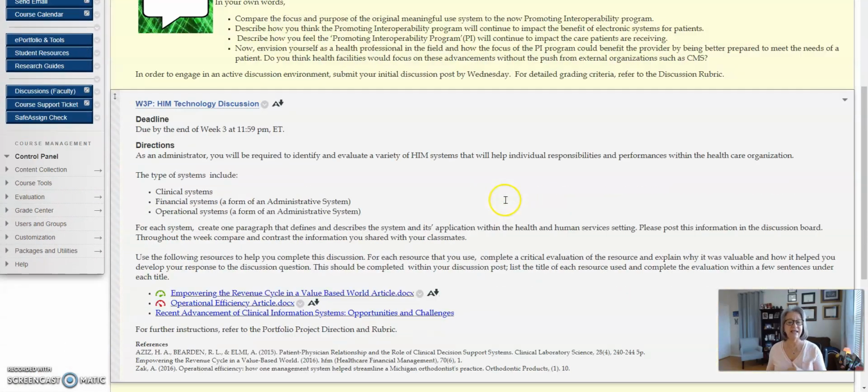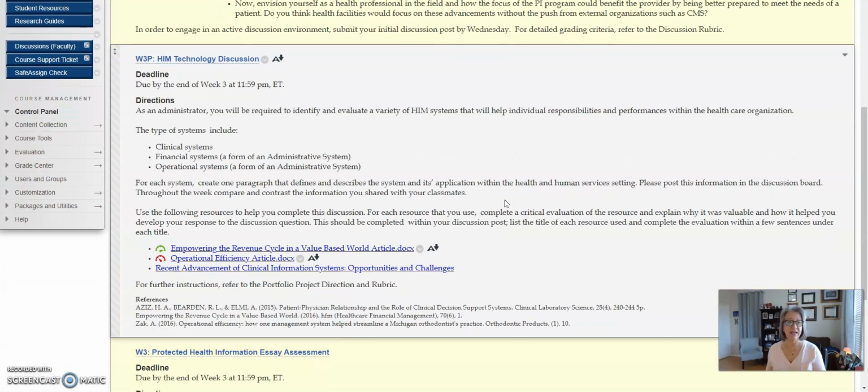You have a second discussion board this week, and that's your HIM technology discussion. This is step one of your portfolio project. So the instructions here are, as an administrator, you will be required to identify and evaluate a variety of HIM systems that will help individuals' responsibilities and performances within the health organization.